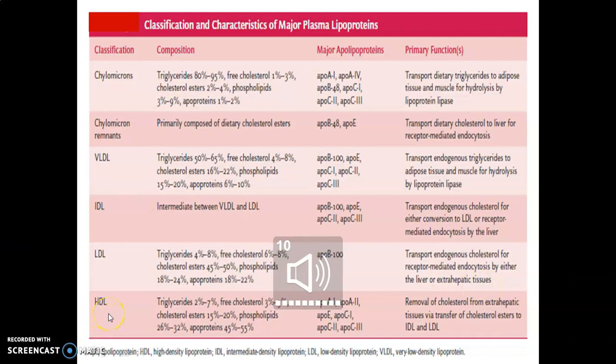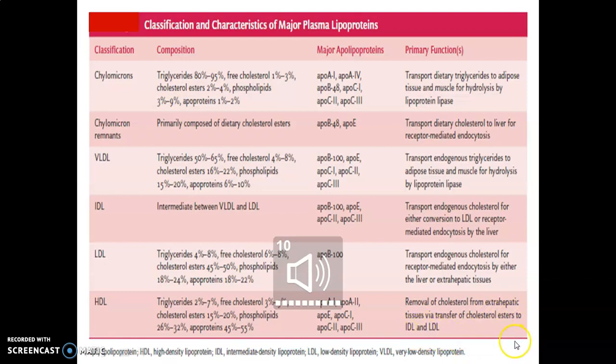And last is high density lipoprotein. It is also composed of the same components, such as triglyceride, free cholesterol, cholesterol ester, phospholipid, and apoprotein, and is used for removal of cholesterol from extrahepatic tissues via transfer of cholesterol esters to IDL and LDL.